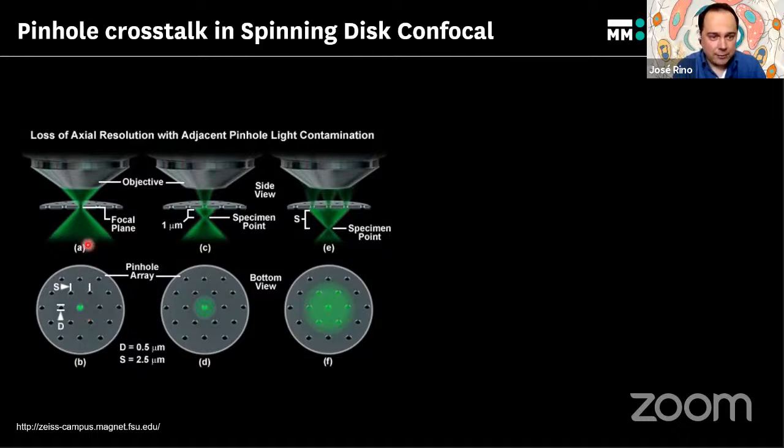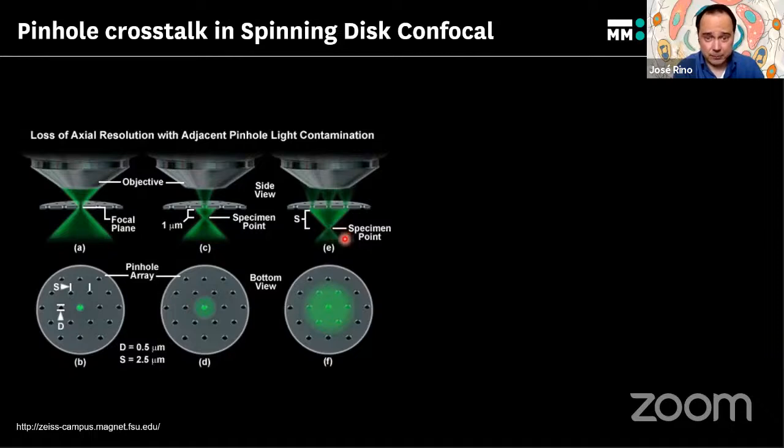Now, if your fluorophore is further away from the focal plane, at a given distance, what will be projected on that pinhole will be an out-of-focus disk of light. And as your fluorophore gets further away from the plane of the spinning disk, the out-of-focus disk grows, it gets bigger and bigger, until it eventually overlaps with adjacent pinholes.